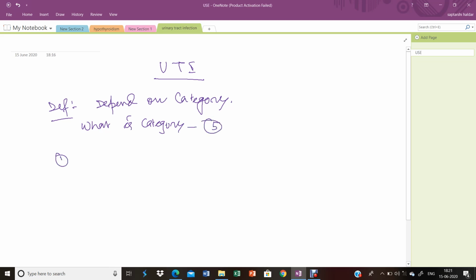One is uncomplicated cystitis. Second is recurrent cystitis.